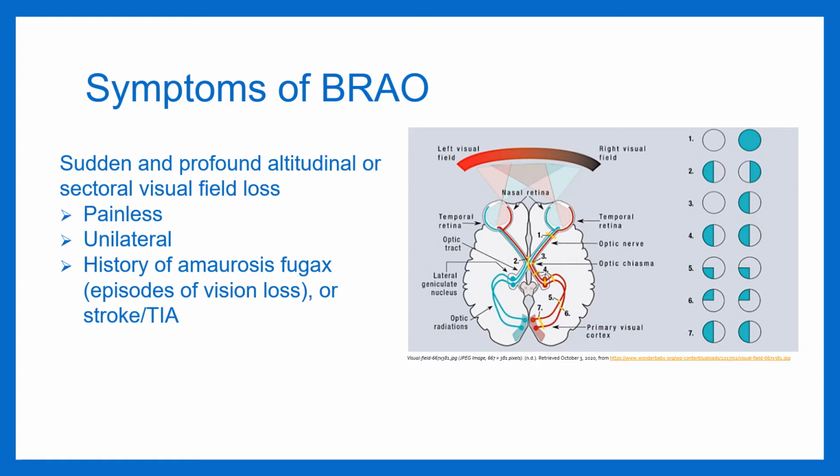It's unilateral usually, because clots enter just one of the eyes, unless it's due to a systemic illness. And if they've in the past also had a history of temporary vision loss or stroke or TIA, we should be cautious and rule out BRAO.